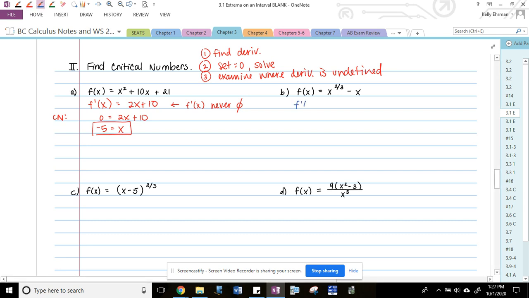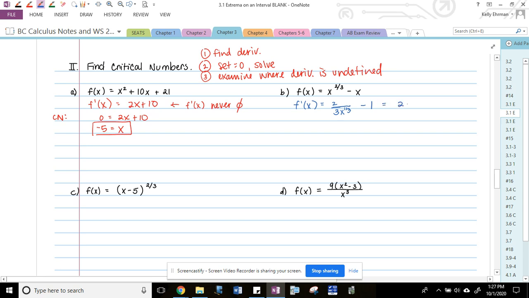All right, part B. Find f prime of x. So this is going to be 2/3 x to the negative 1/3, so I'm going to put x to the 1/3 down here, minus 1. I need to set this equal to 0. Anytime I have a fraction and I'm adding or subtracting something, I like to get it into one fraction.